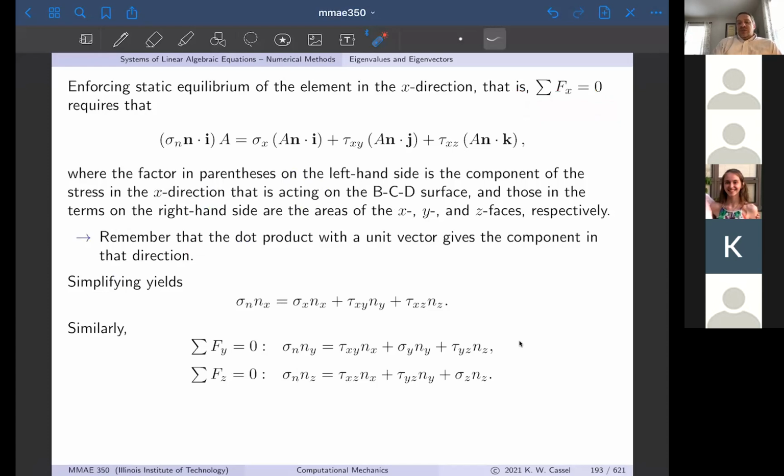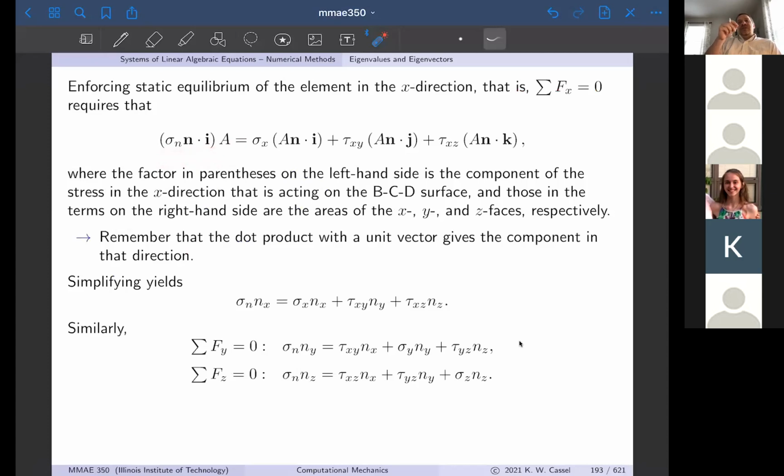So if I take the sum of the forces in the X direction, a force is a stress times an area. So on that oblique face, which has area A, the force is the stress times the area. The component of the stress in the X direction will be sigma_n times the normal vector n dotted with i.